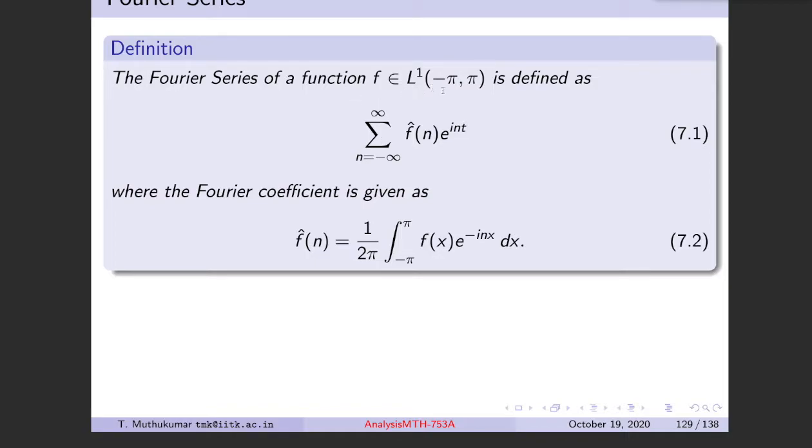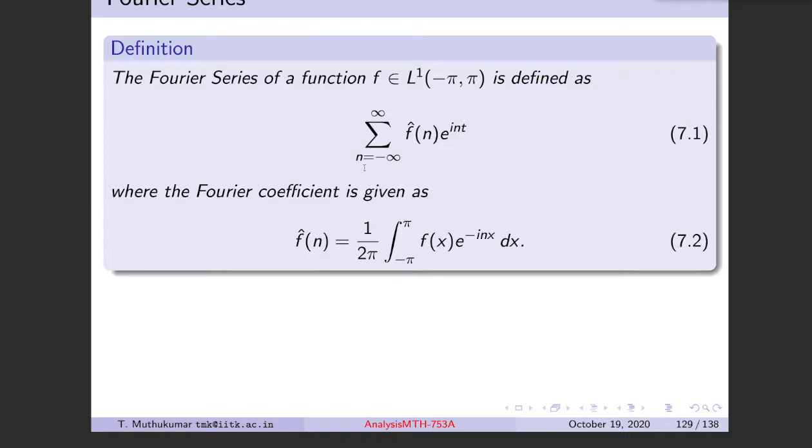For any L1 function, that is, integrable function, you can define its Fourier series in this form. This is precisely the cos and sine terms, where this f hat n is called the Fourier coefficient, which is defined as the L2 inner product of f and e power minus inx. Okay, this is the definition of Fourier series.